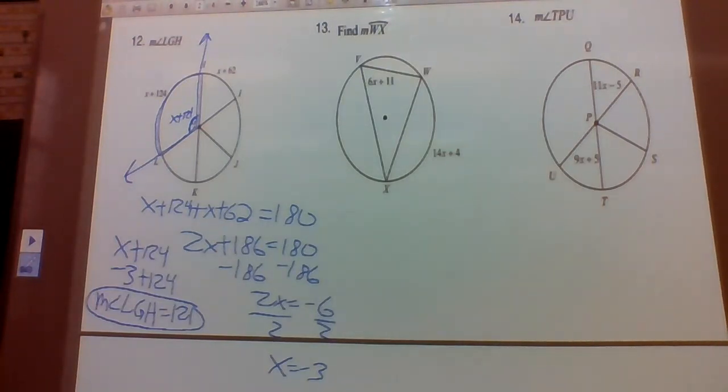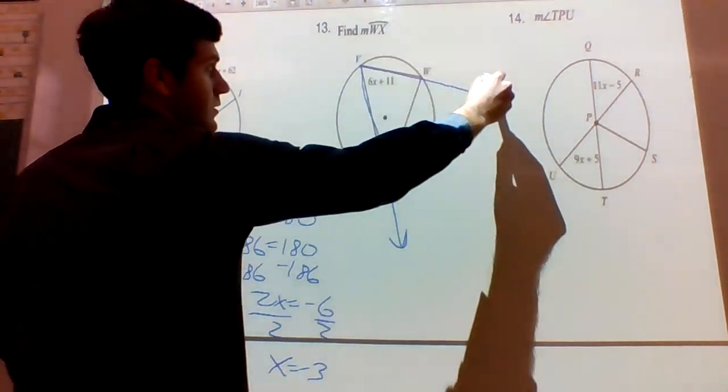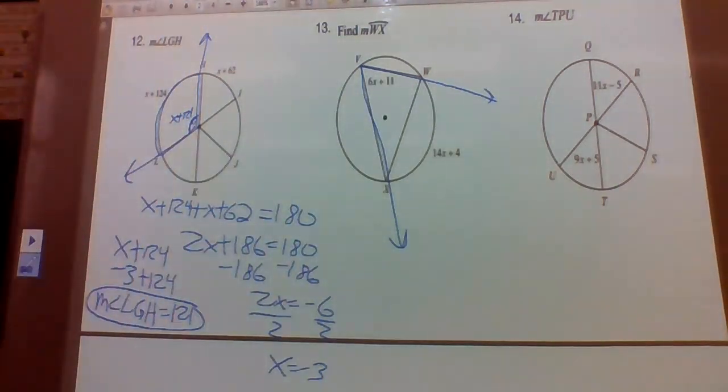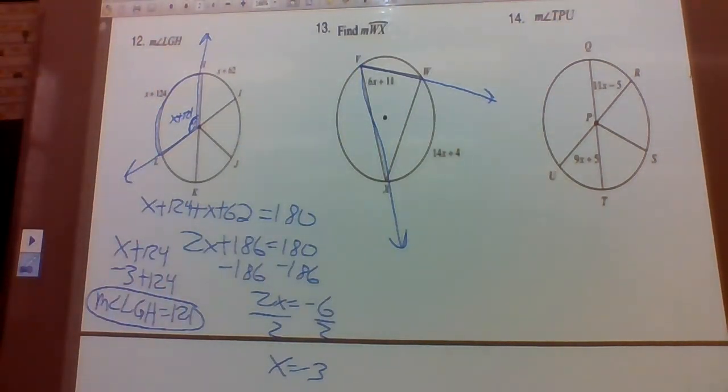Number 13, we have angle XVW, an inscribed angle. The last one was a central angle, and the measure of a central angle is equal to the measure of the intercepted arc. Here we have an inscribed angle because V is the vertex, and that is on the circle.